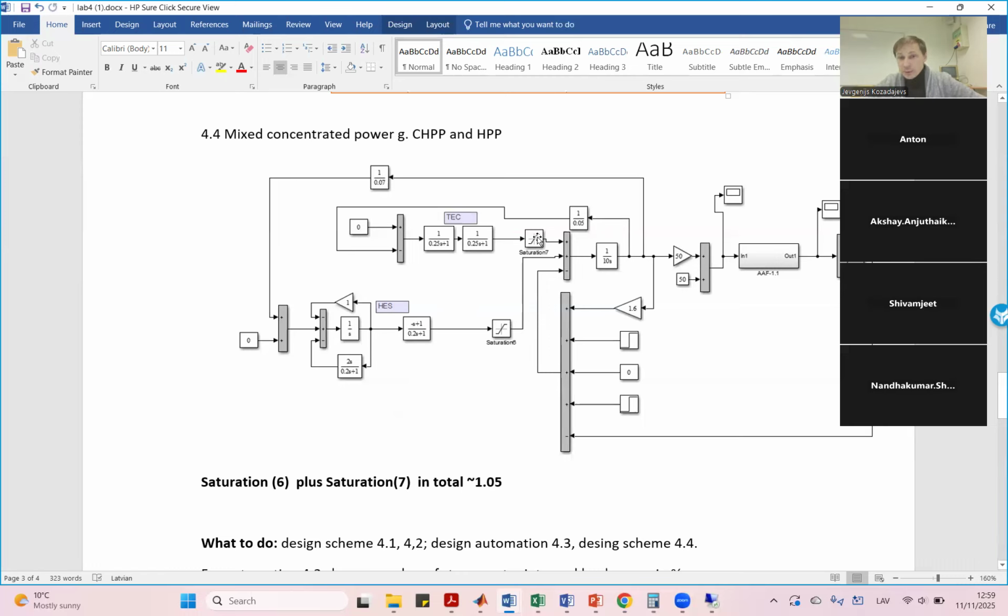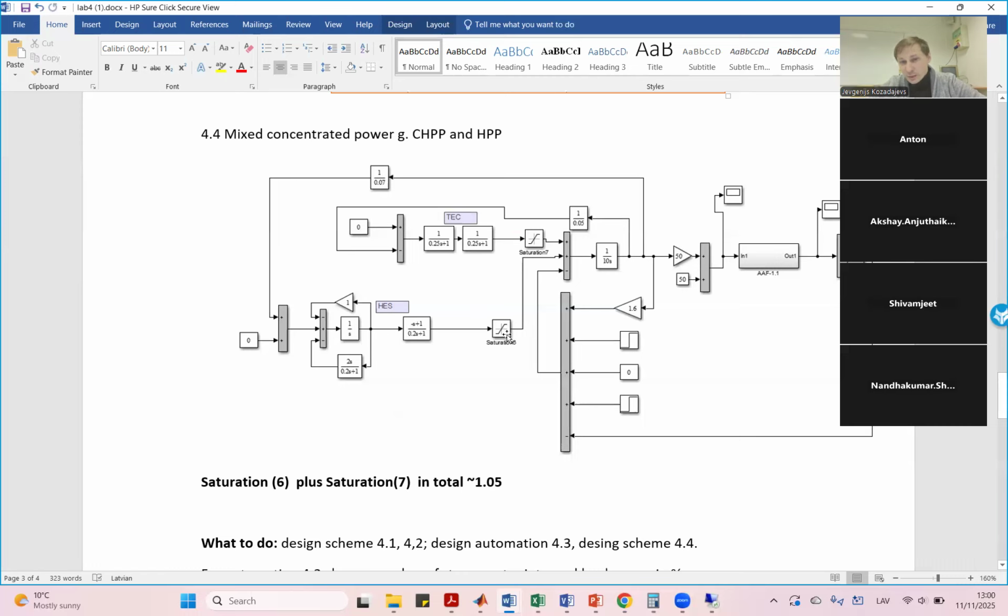What is very important, don't forget to still use saturation, because using this saturation, we could say, for example, we have a power system with 70% CHPP and 30% hydro. And this saturation helps us to put this structure of power generation into this scheme.